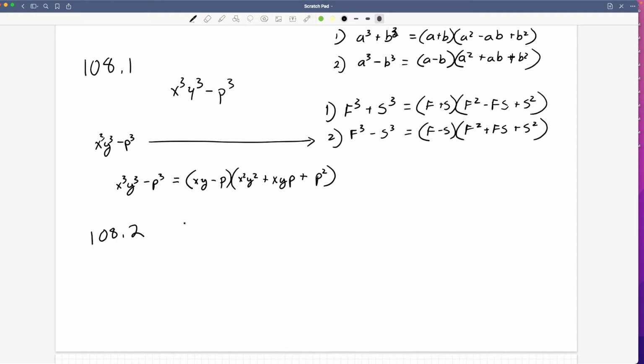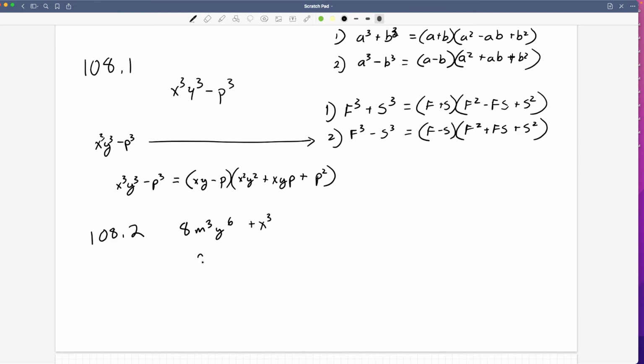All right, here we have 8m cubed y to the 6 plus x cubed. We recognize this as the sum of two cubes, so we can factor some things out to start with. So let's factor out these cubes here.